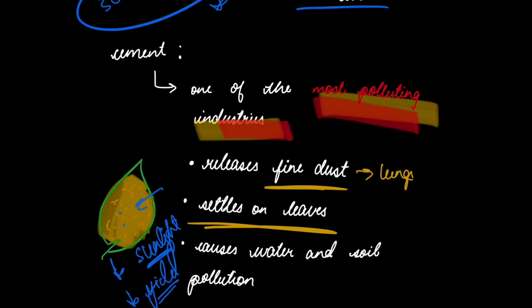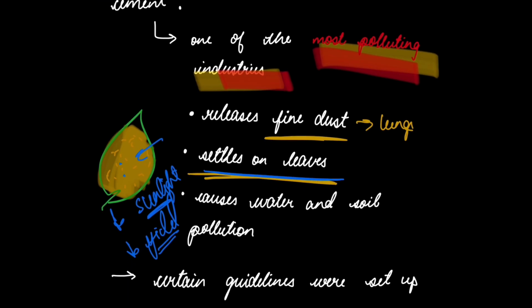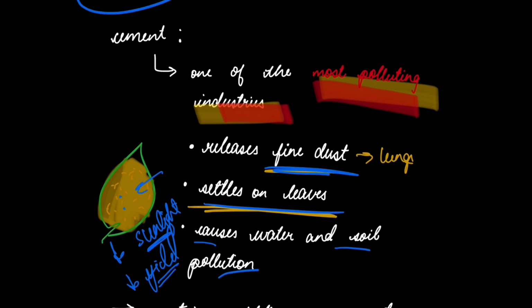There will be less photosynthesis happening, and therefore a reduction of yield. It also causes water and soil pollution. These fine dust particles will go into the soil and water and cause pollution. Due to all these things, it is stated to be one of the most polluting industries.